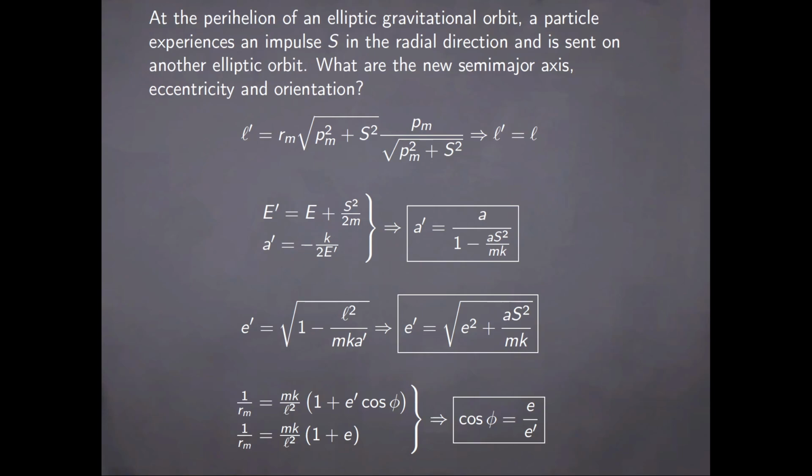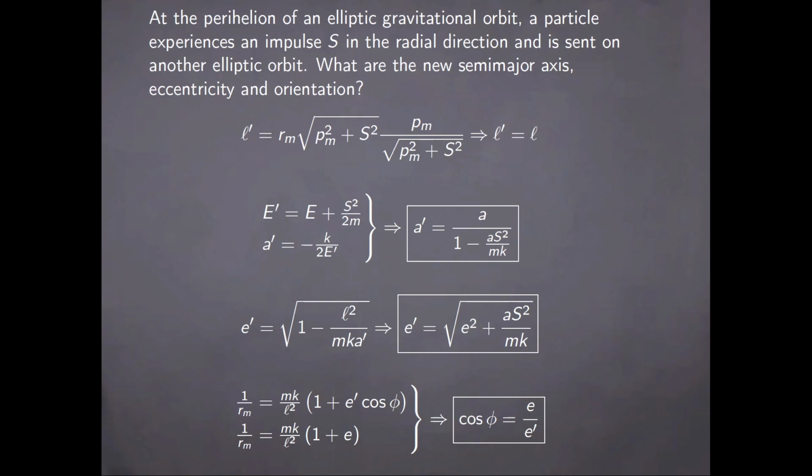First of all, let's see what happens with the magnitude of the angular momentum. So the new angular momentum is going to be given, using its definition, by the radius, which is in this case the perihelion radius of the ellipse, times the magnitude of the linear momentum, which is going to be the square root of the squared linear momentum at perihelion prior to the impulse plus the square of the impulse itself, and of course the sine of the angle between these two vectors.